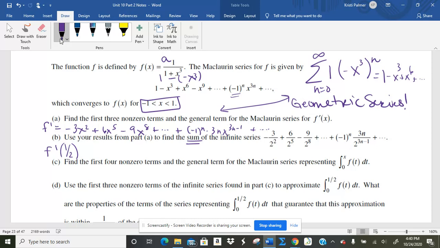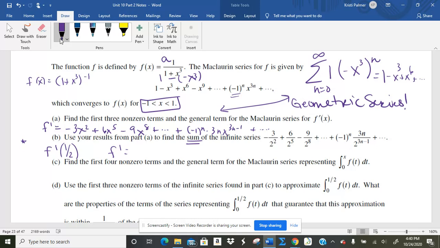You guys, I think this is one of the toughest ones here, this part B, okay? So here they are actually wanting you to find f prime of 1/2. So this is f. Let's go find f prime. And you can do the quotient rule, or you could rewrite it and do a chain rule. So f of x, I'm going to rewrite it and do a chain rule, is 1 plus x to the 3rd to the -1.